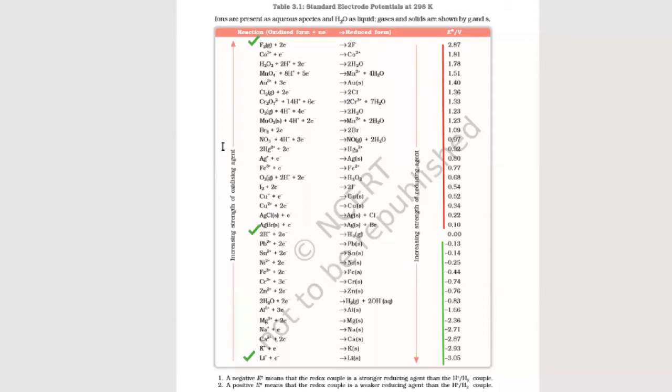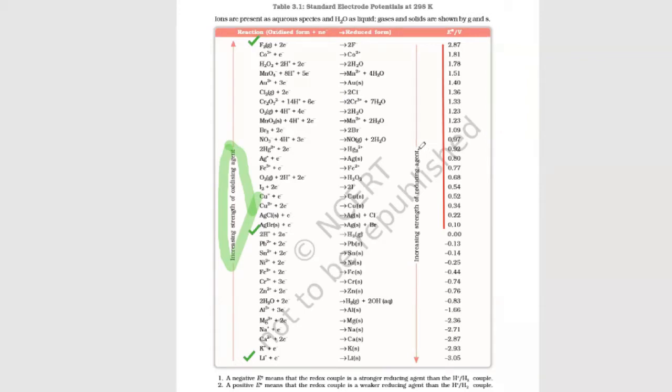Okay, so you can see this part. What is given here? Increasing strength of oxidizing agents, isn't it? This one you can see here, this is your increasing order of oxidizing agents. That means if you are going upward, they are becoming stronger oxidizing agents.